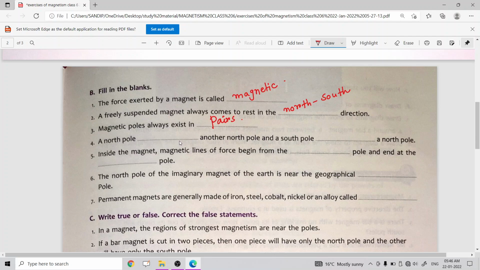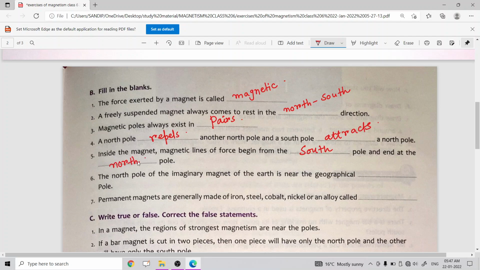Then a north pole repels another north pole, and a south pole attracts a north pole. Next, inside the magnet, the magnetic lines of force begin from the south pole and end at the north pole.